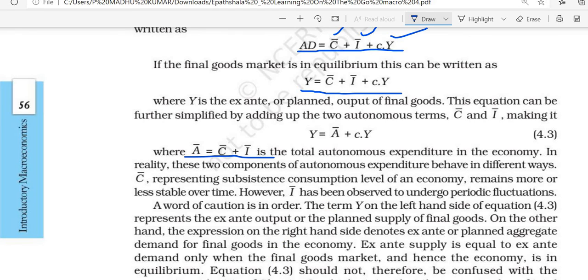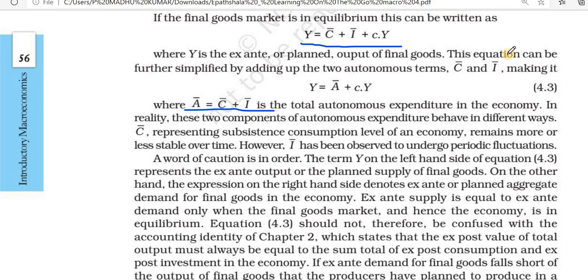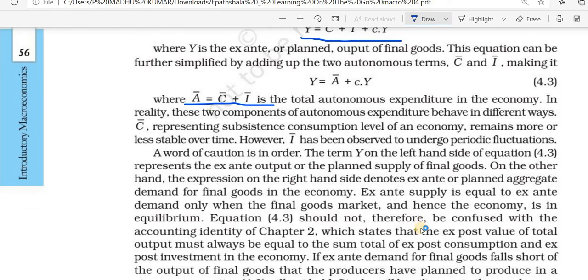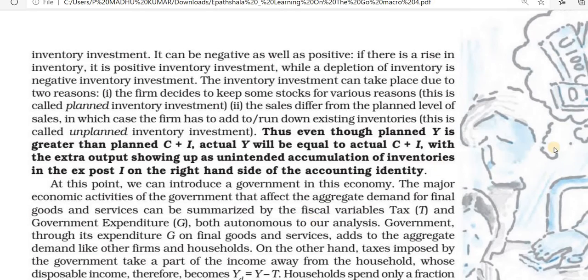Here, what is the equilibrium condition? Demand should be equal to supply. That we already studied in micro. Aggregate demand should be equal to aggregate supply.